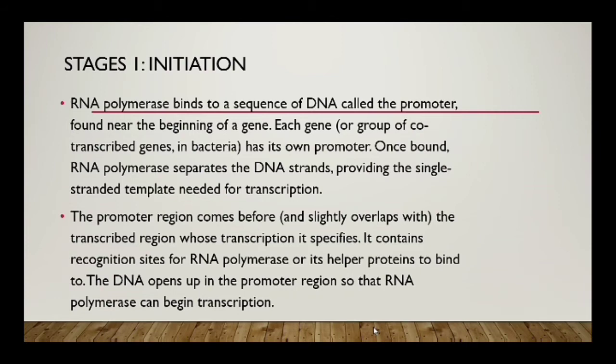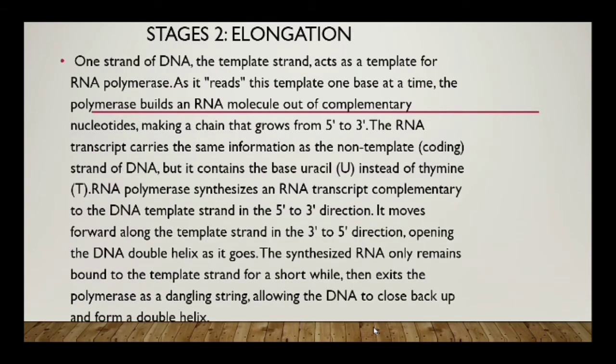The promoter region comes before and slightly overlaps with the transcribed region whose transcription it specifies. It contains recognition sites for RNA polymerase or its helper proteins to bind to. The DNA opens up in the promoter region so that the RNA polymerase can begin transcription.